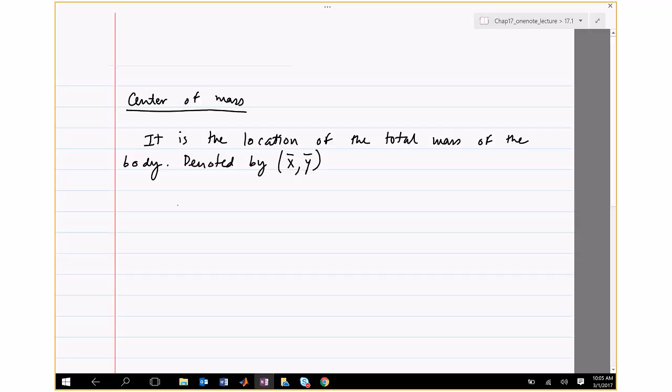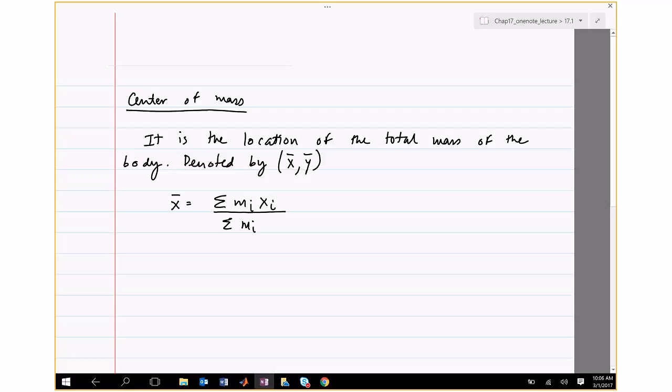The way you compute x bar is you find the mass of individual points on the body, multiply it with the location of the center of mass of those points. If it's a point, it's just the location of the point. If it is composite bodies like squares or rectangles, it's the center of mass of the square or rectangle, and you divide by the total mass. So this is like a weighted average, right?